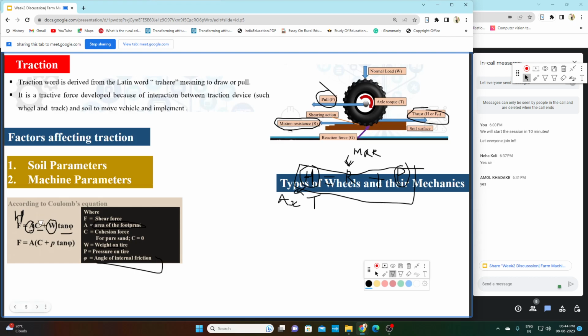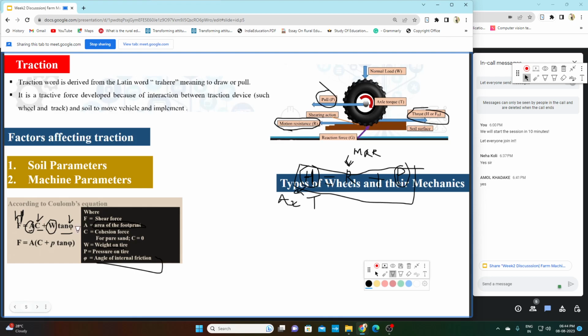C is the cohesion of the soil, phi is the angle of internal friction of the soil. I am marking this C and this phi. C and phi are the soil parameters. So A and W are the machine parameters, C and phi are the soil parameters.